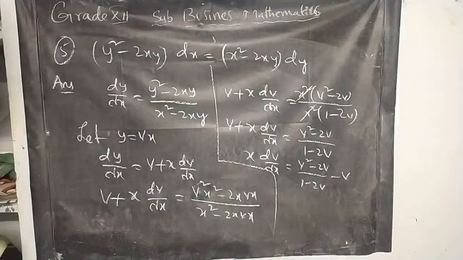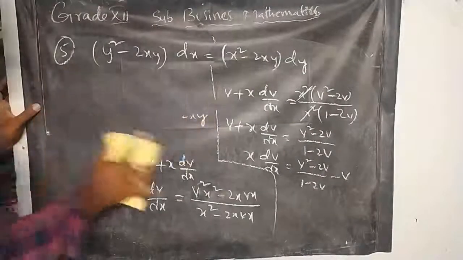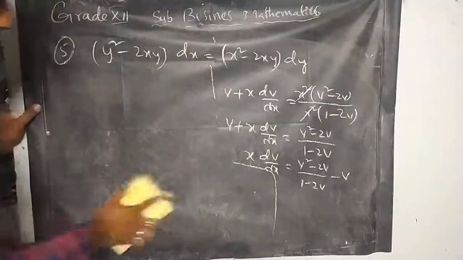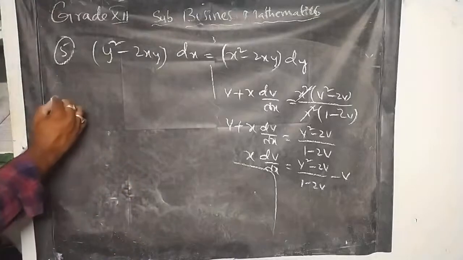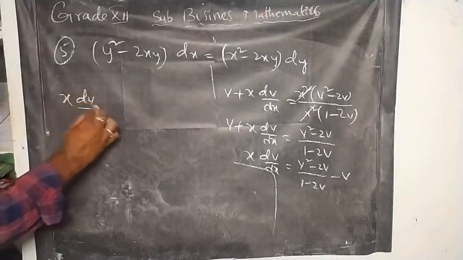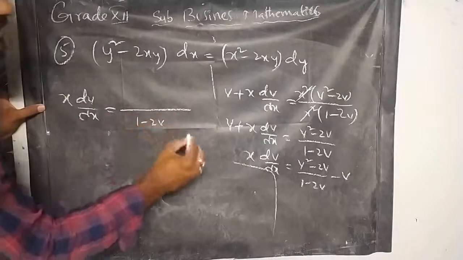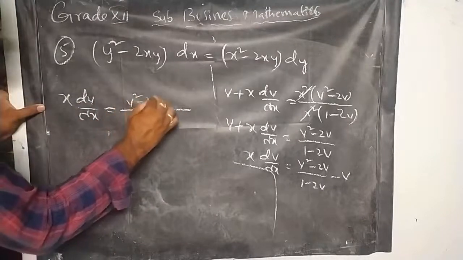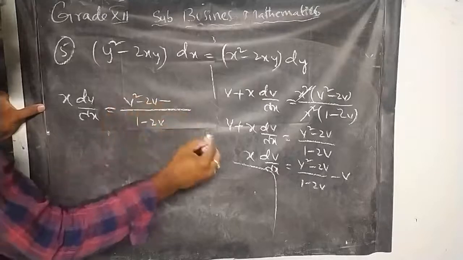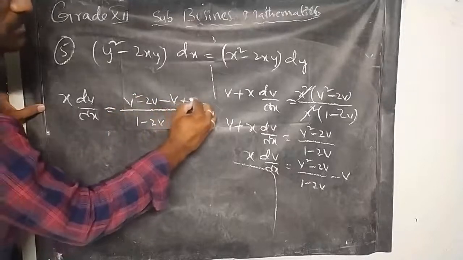So LCM we have to take now. If we are taking the LCM, x dv by dx is equals to 1 minus 2v is the LCM. So v square minus 2v minus v plus 2v square.